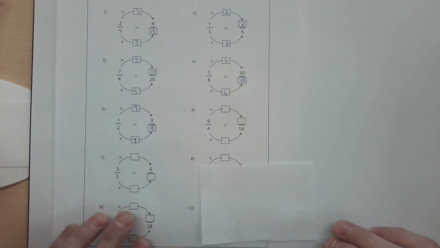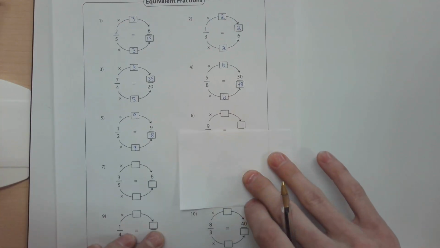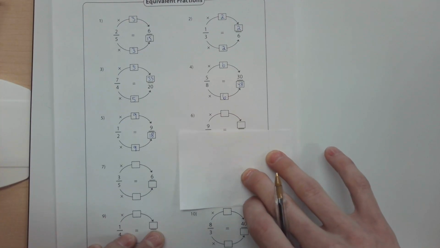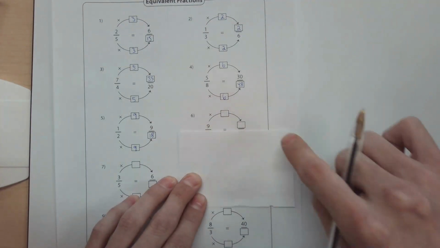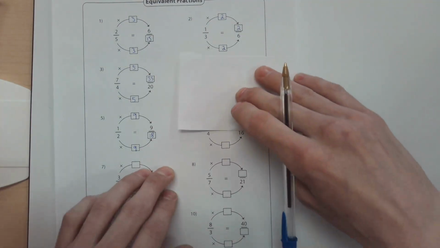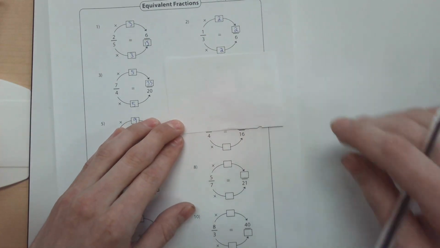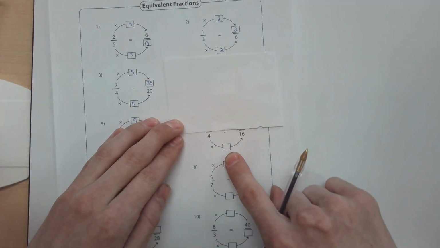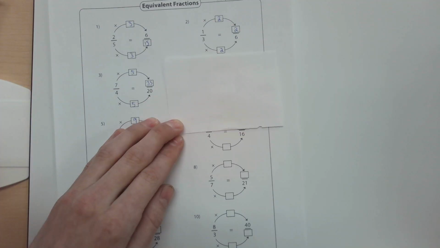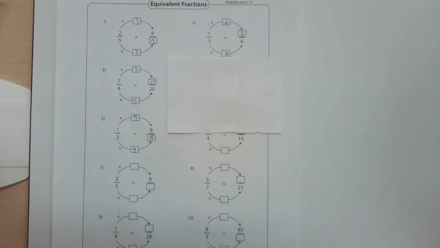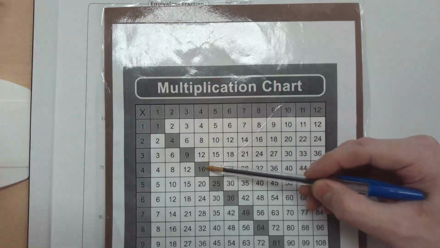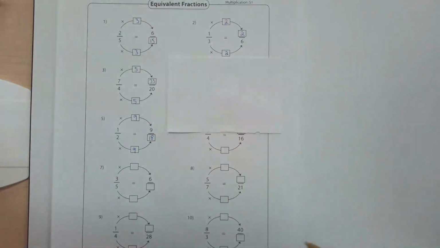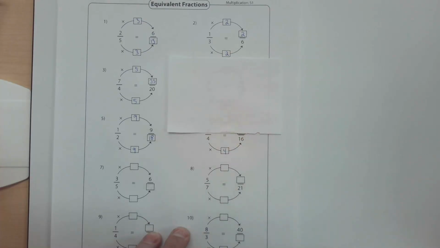And number 6, we're either going to be covering the bottom, and we have 2 pieces to deal with, or we're covering the top, and we only have 1 piece. We're going to use this one. 4 times the number equals 16. 4 times 4 is 16.